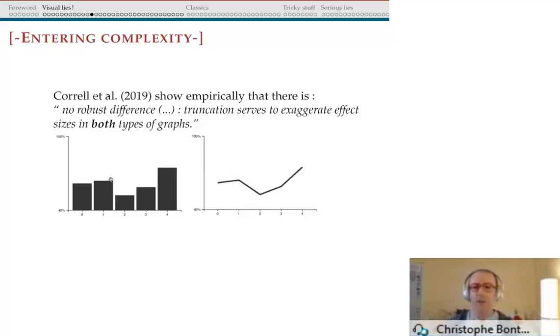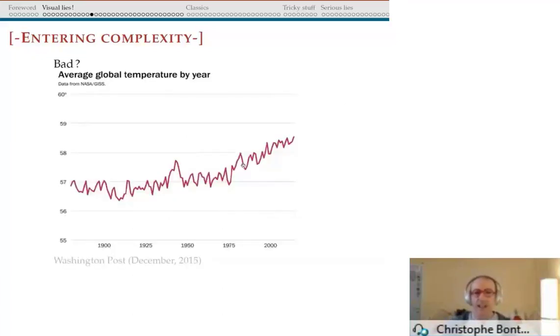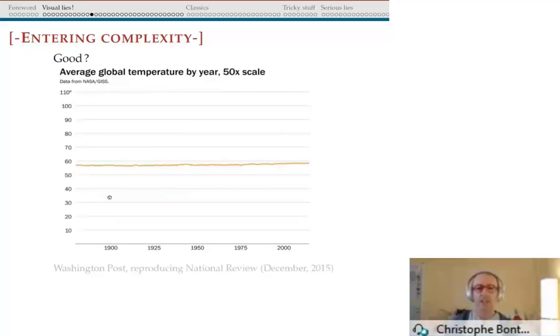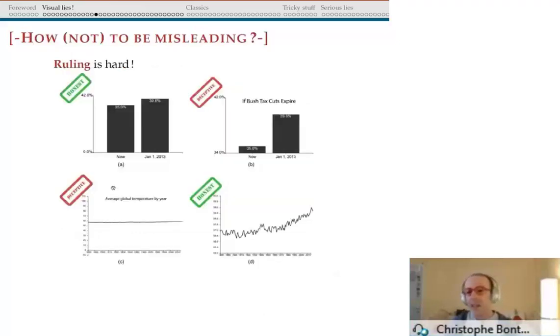So what about global temperature, where we do not start at 0, as we already have said? We should do this tiny line here, because the 0 is here. So if we apply this rule like never truncate the y-axis, we are wrong. We are wrong in the sense that we would say that this is honest, and it is not. This is not honest for many reasons.